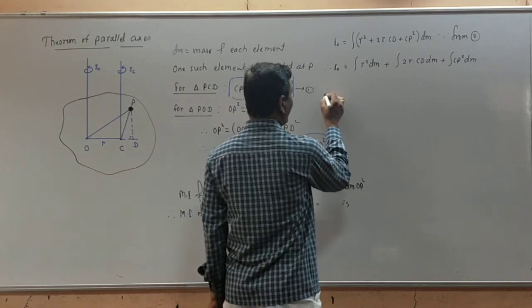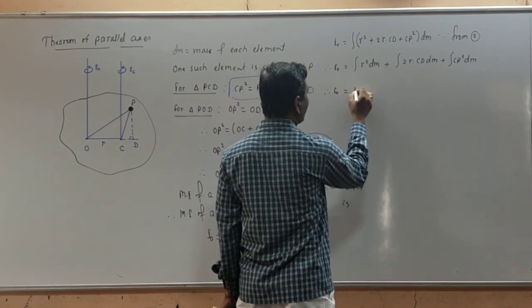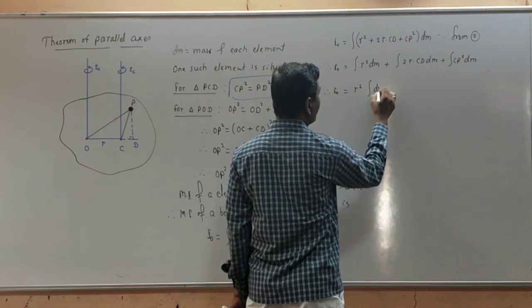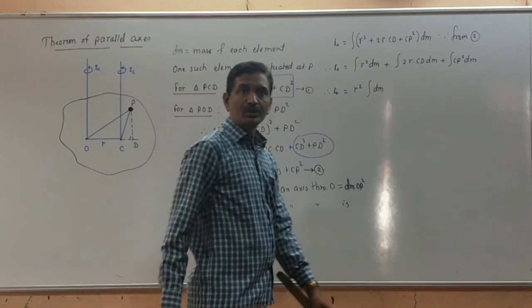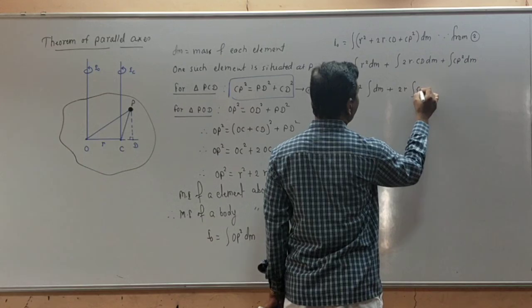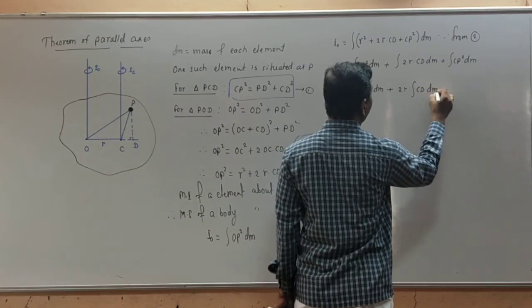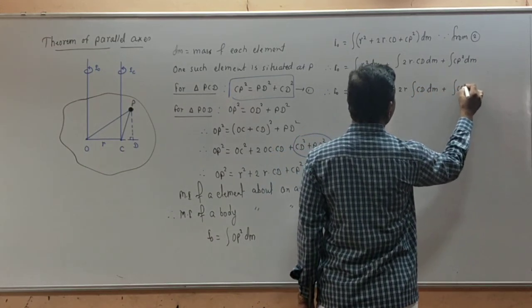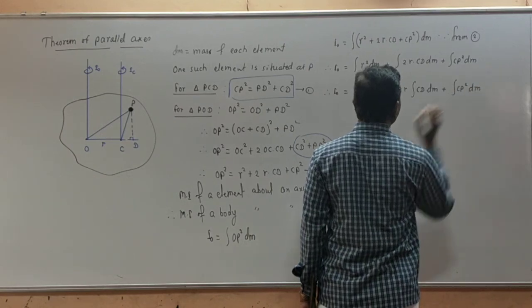Now, IO is equal to here R square is constant, take integration of dm only. Here 2R is constant, so 2R into integration of CD into dm and plus integration of CP square into dm.